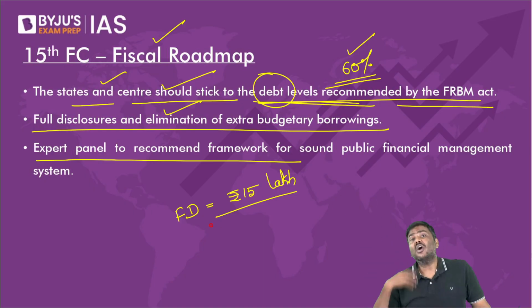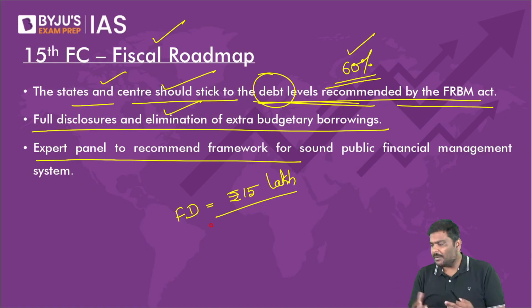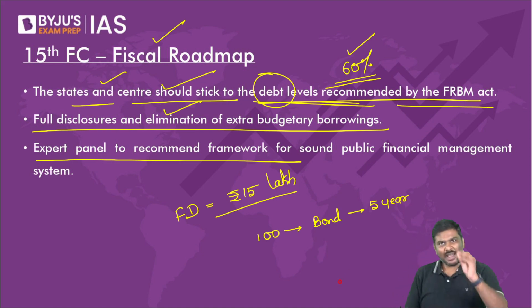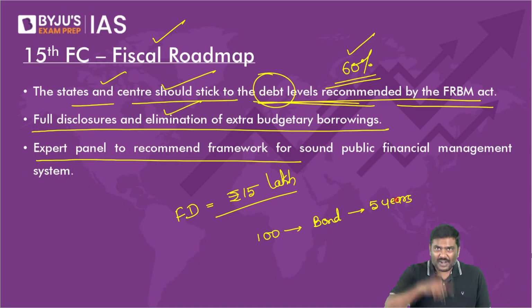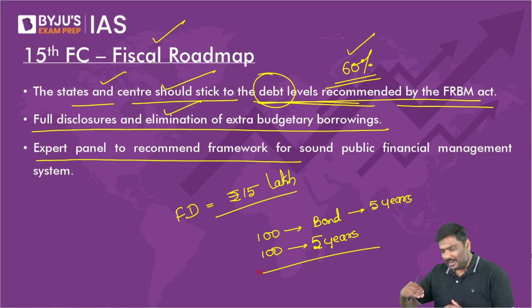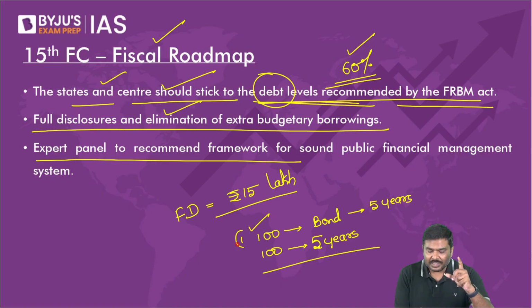If you're confused about what I'm talking about, understand this carefully. Imagine the government borrows 100 rupees this year by issuing a bond which has a maturity period of 5 years. Apart from this, the Food Corporation of India, FCI, or the National Highways Authority of India will also borrow 100 rupees from the market, and will also make a repayment after 5 years. So when this kind of extra budgetary resources are used, the fiscal deficit will give you information about only the first one.